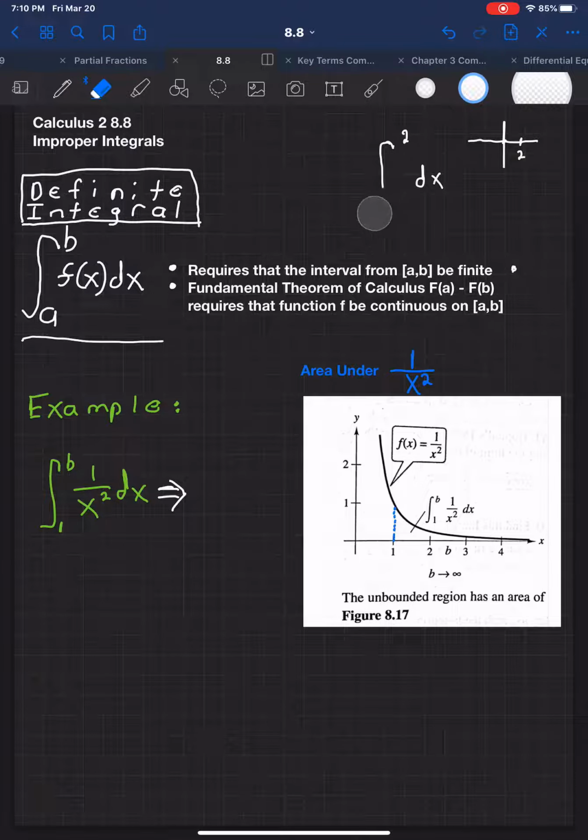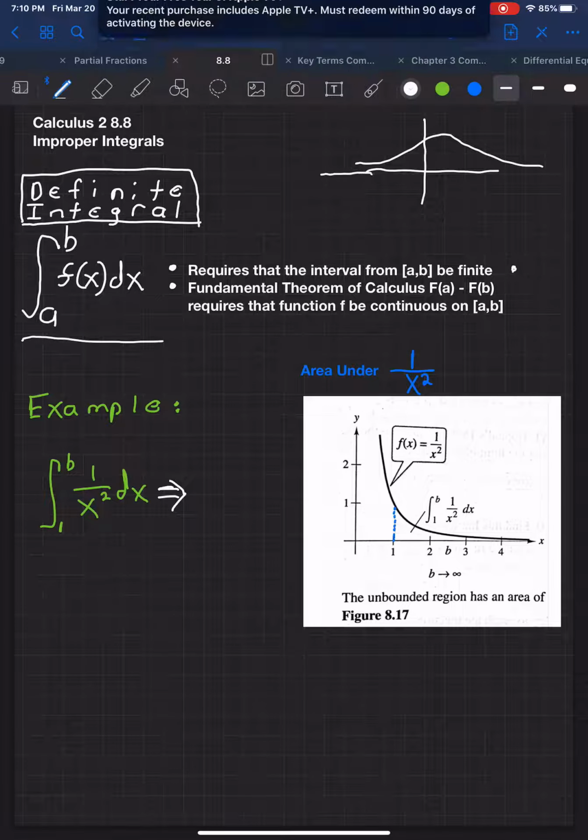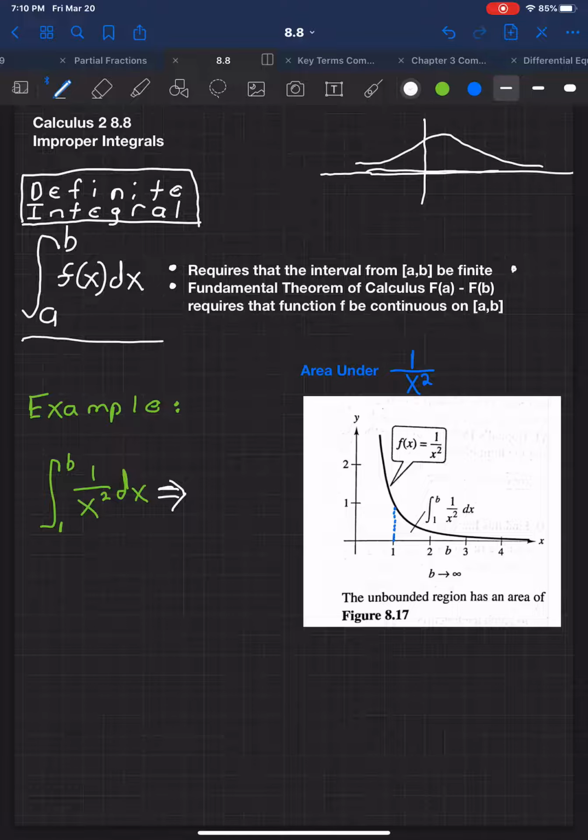Now, where do we go from here? Well, here's a really interesting question. What if, for example, let me draw something, what if the curve looked like this? And here, instead of asking what is the area from a to b, what if you wanted all of the area?